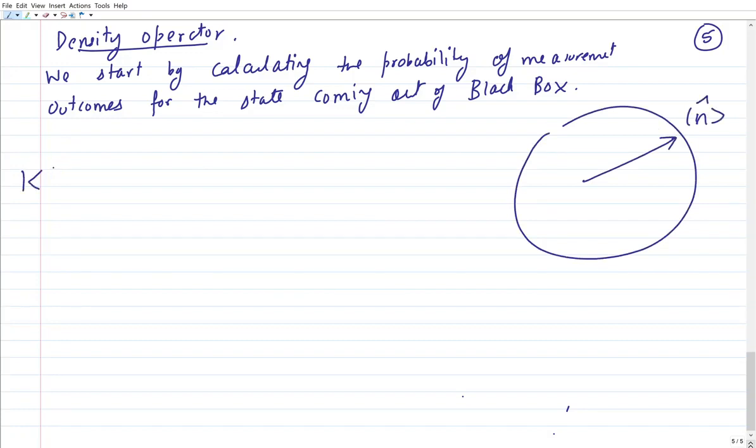It's going to be this guy. So that's going to give me, this is the probability of my coin toss was yielding plus C, that's the inner product.